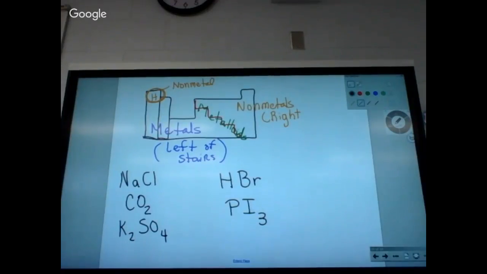Because it will make a difference in which systems of naming we can use in a couple days. Some of them can be named with the stock system and the old system. Some of these can only be named with the stock system. And if you name them with the wrong system, it's wrong. There will be no partial credit with naming. Everybody hear me say that? No partial credit with naming.